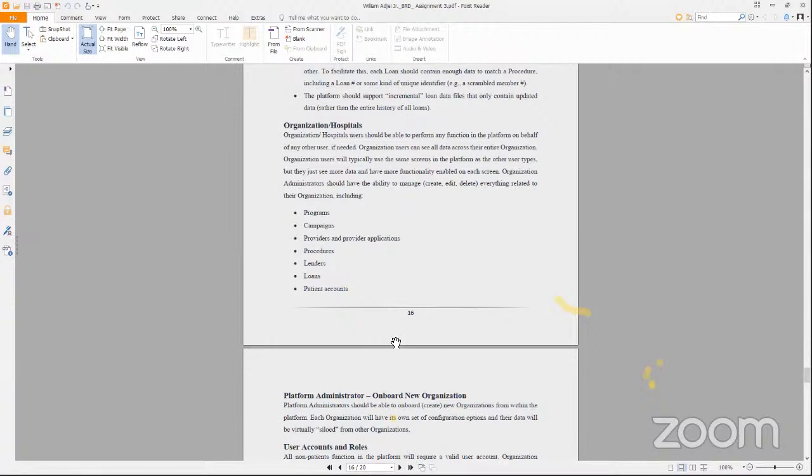But from the elicitation stakeholder, he actually said that on the provider portal, it could be a hospital or a doctor, a healthcare provider themselves, right?